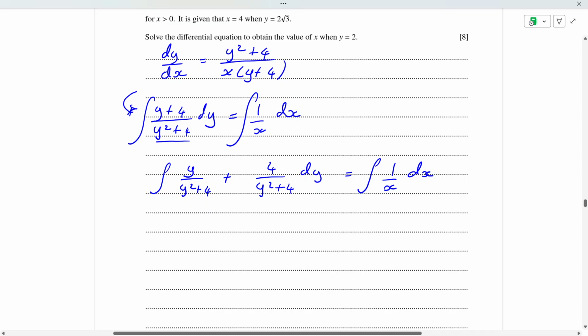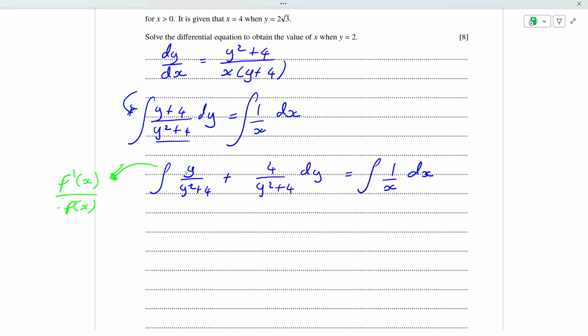When I integrate this first part here, y over y squared plus 4, this is the integration of the type of function where the derivative of the denominator is the numerator. If I differentiate y squared plus 4, I'll get 2y, right?